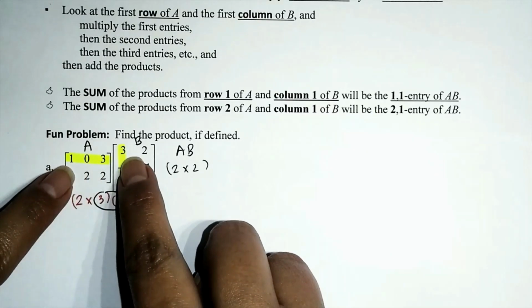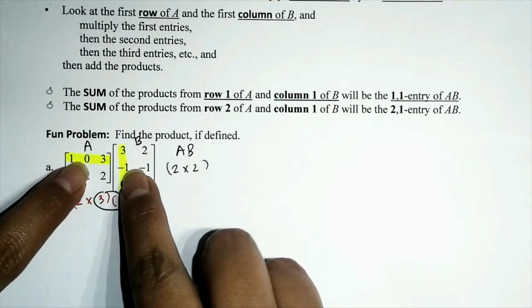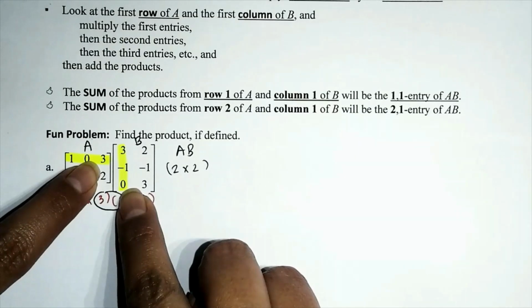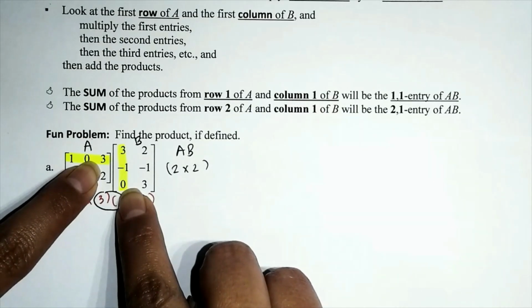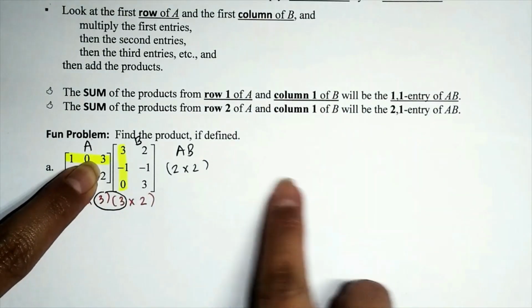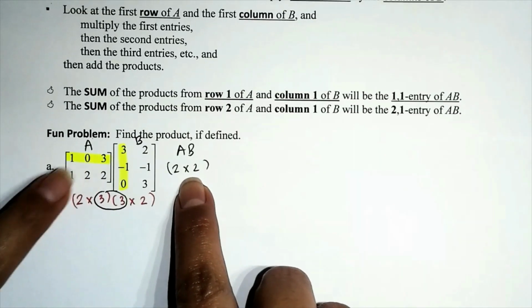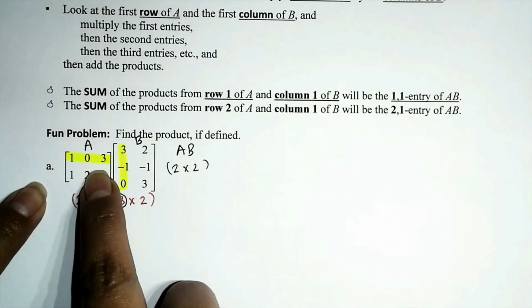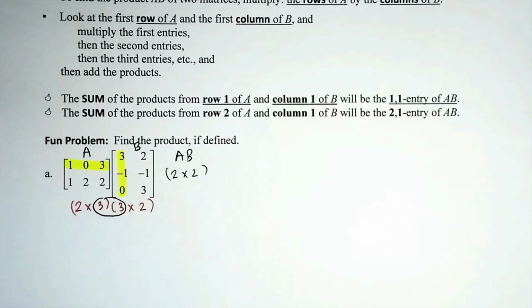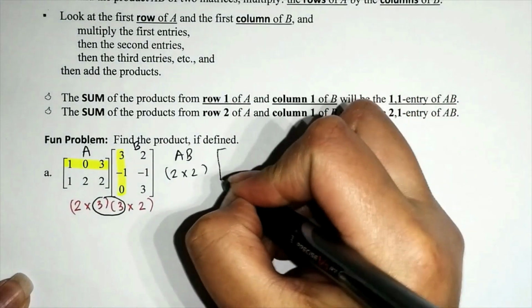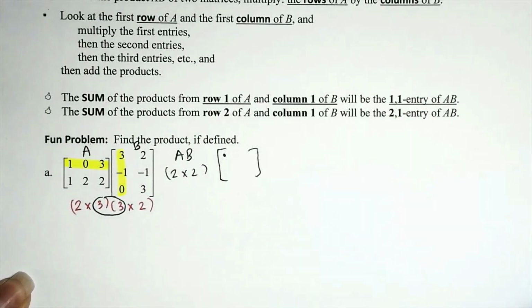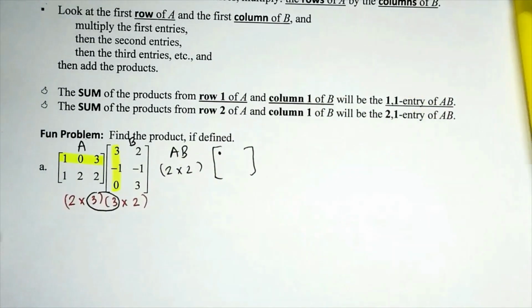So it's going to be 1 times 3 plus the next product plus the next product. And where are we going to put that in our matrix? In the product, because we have row 1 column 1, this will be in the 1 1 entry, right there.